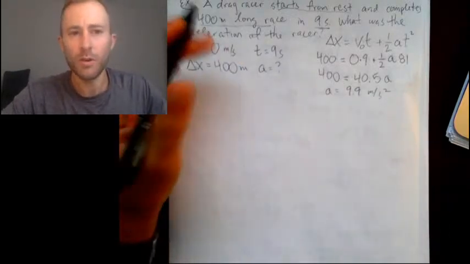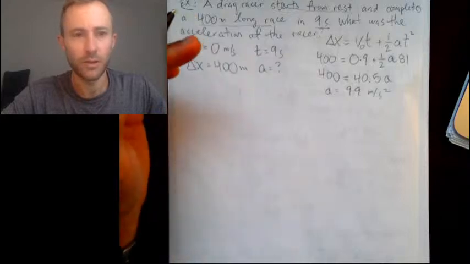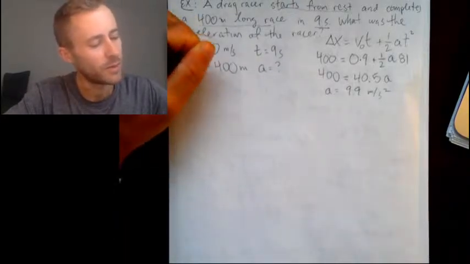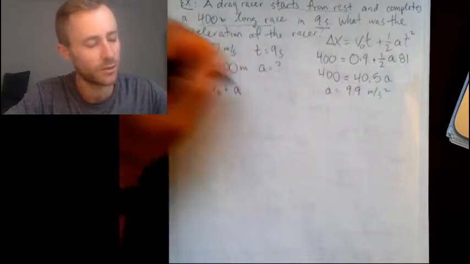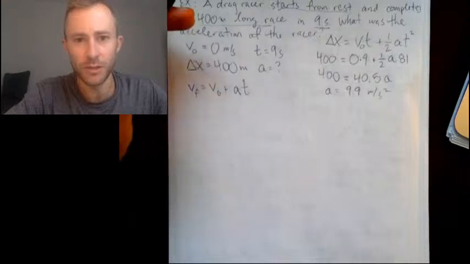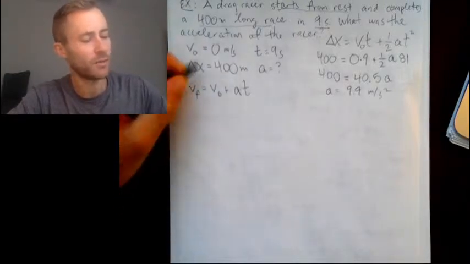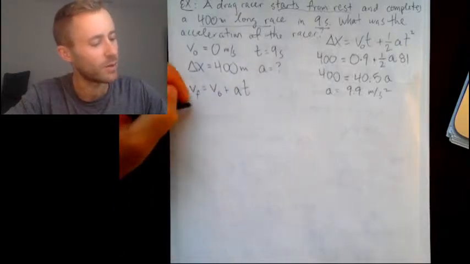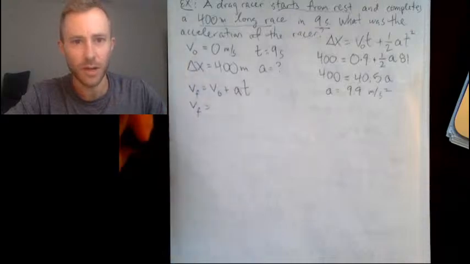Okay, so what would have happened if you used the wrong equation? What if I had used v final equals v initial plus at? What if I tried to use that equation? It would be pretty easy to see that you run into a problem. Here's why. So you'd say v final. Well, v final isn't in this list, so I have no choice but to leave it as a variable. V initial is 0, so I can just leave that one out.